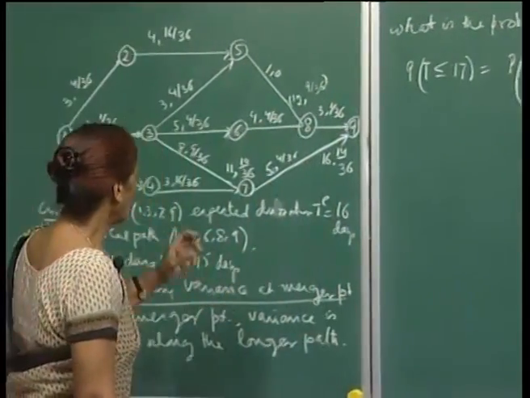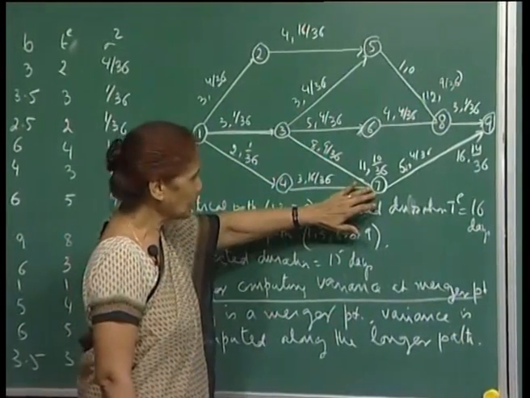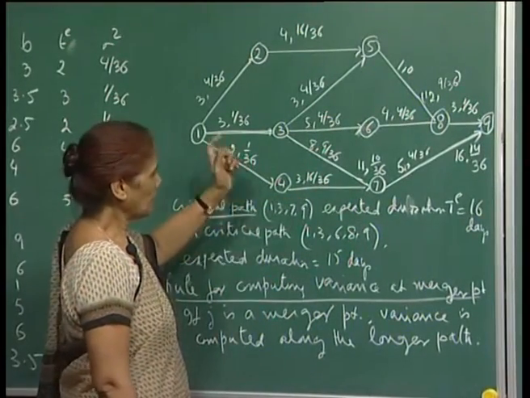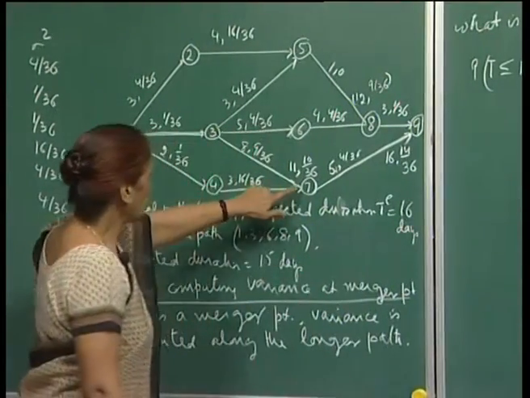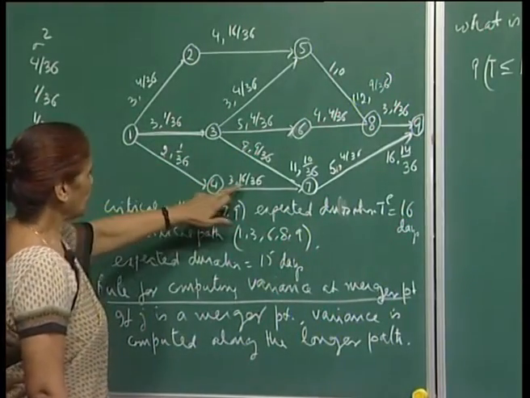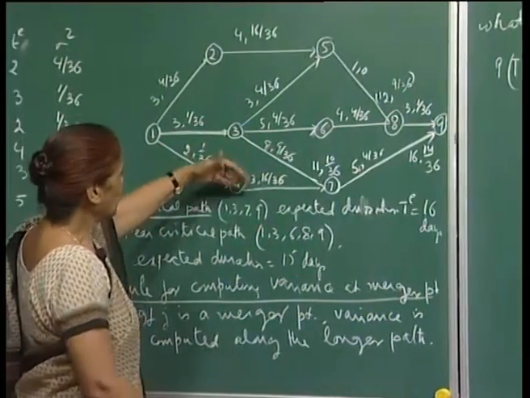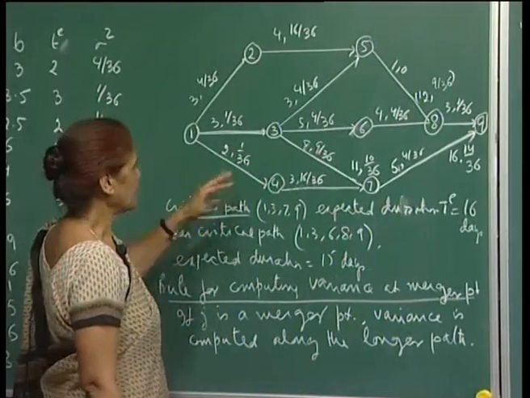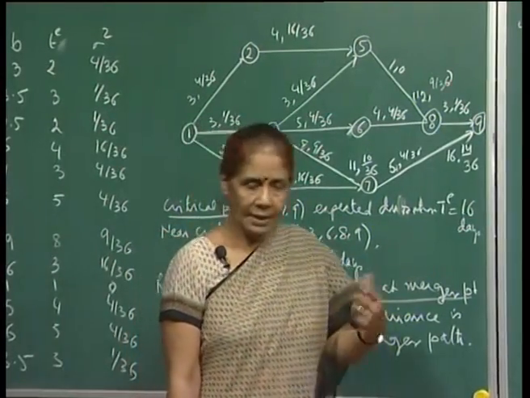So, if there is a tie for the lengths of all the paths merging at a merger point, then you will choose the path with a larger variance. Otherwise, you will always compute the variance along the longer path, right. For example, at 7 this path length is 11 and this is only 5. So, even though the variance here is 17 by 36, I will go by this variance 9, because the difference between the two path lengths is significant. It is only 5 days, whereas here it is 11 days.